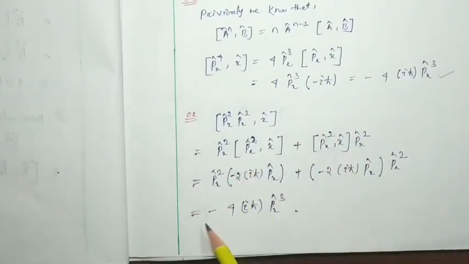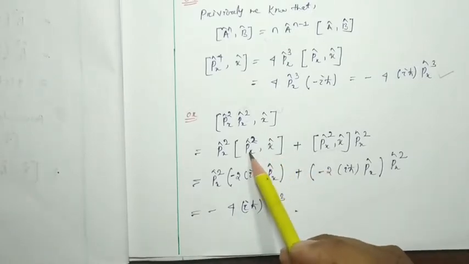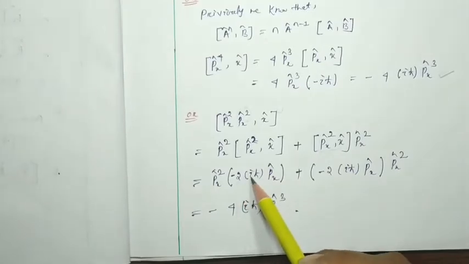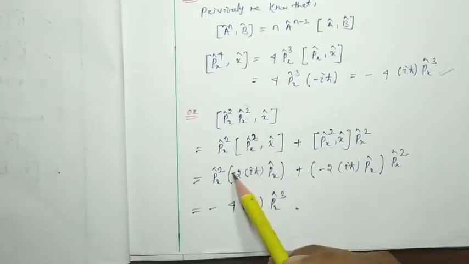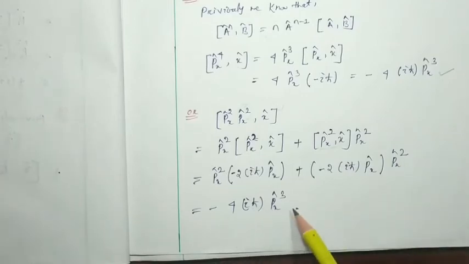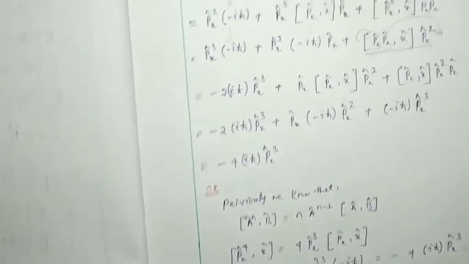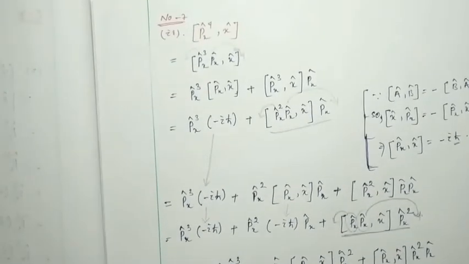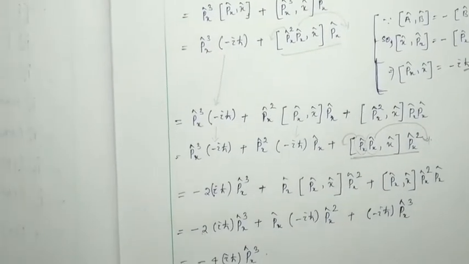And we know that x cap px cap square is 2 I h cross px cap, but if px cap square x cap, it will be minus 2 I h cross px cap, and it will be minus 2 I h cross px cap square. So hence we are going to get the same answer. Okay. So if you want, you can pause the video and you can write all the steps.